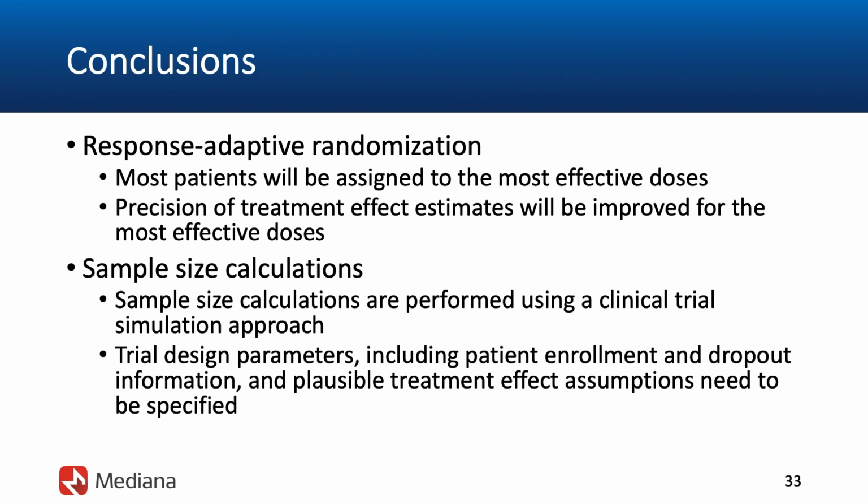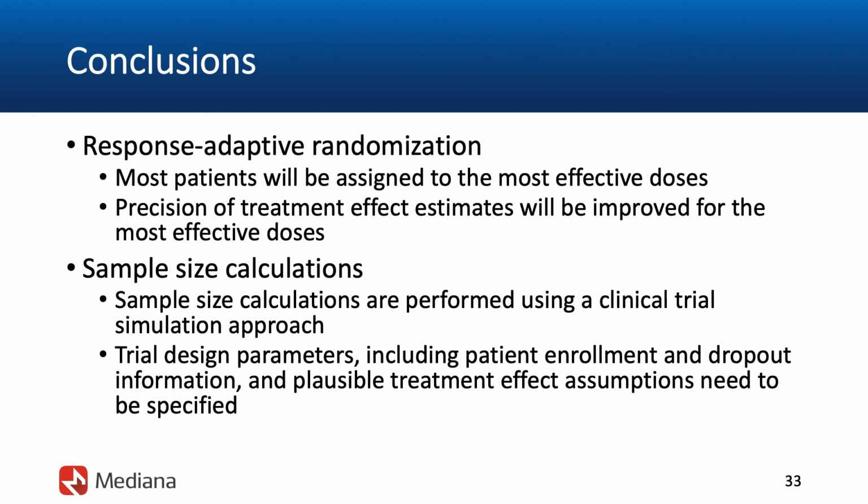For example, the reason why response adaptive randomization is appealing in phase 2 proof of concept studies is because it enables the trial sponsor to assign most patients to the most effective doses, and as a result, there could be multiple appealing features here, including a pragmatic approach, as we discussed.